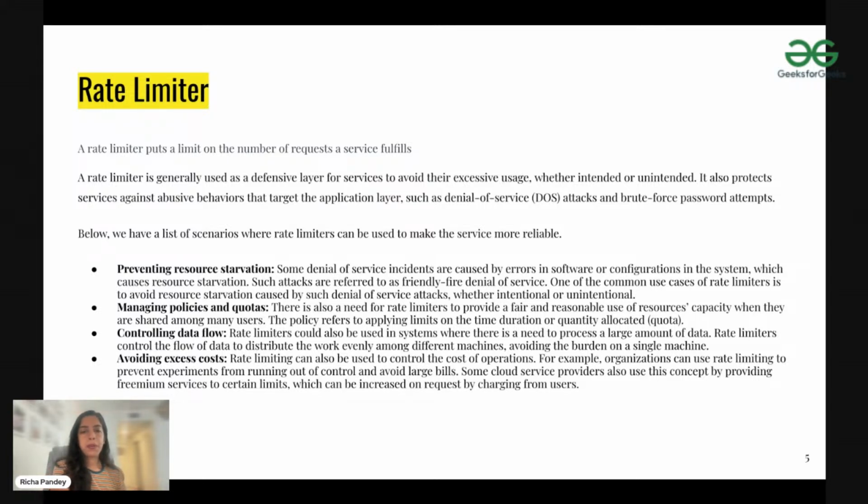So if you remember in our day one, we discussed capacity estimation. Before we even start designing the system, we try to understand what capacity we want the system to handle, how many users we want in the system, how many requests we want in the system.